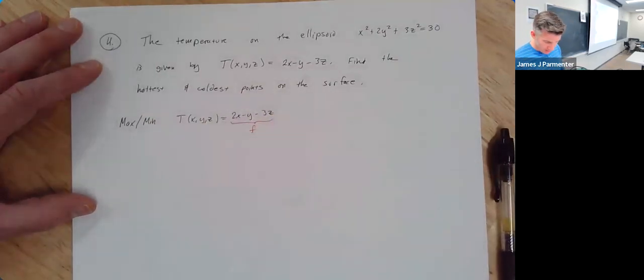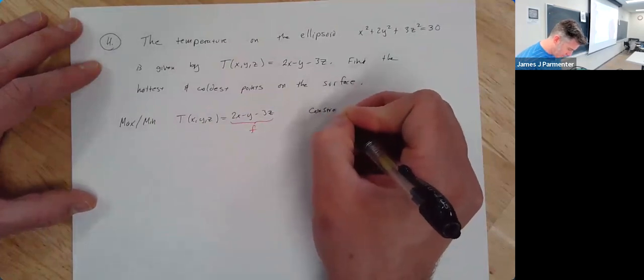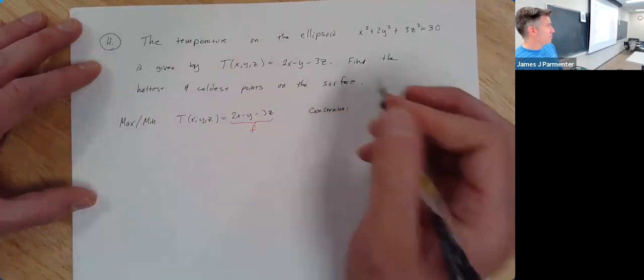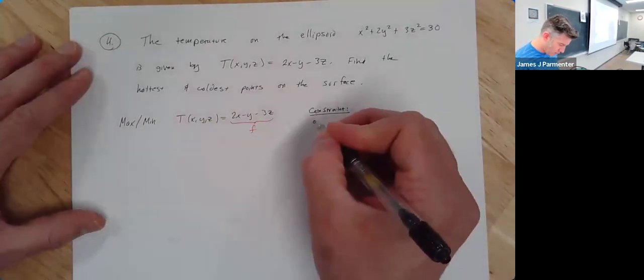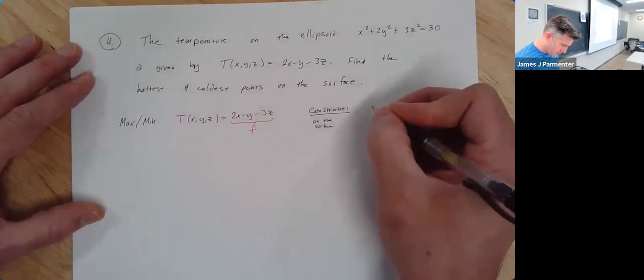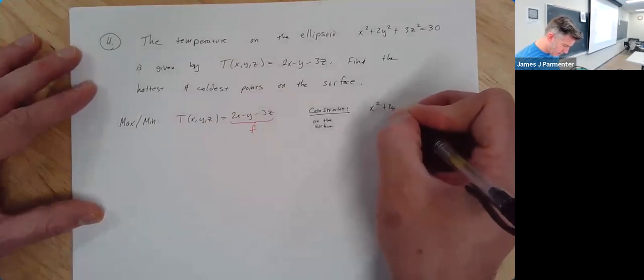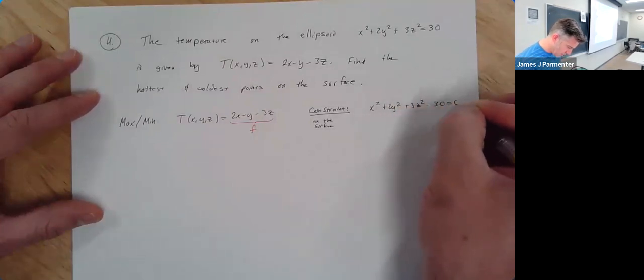And the constraint is that we are on the surface. We're not talking about points that aren't on this ellipsoid. Our constraint is that we're on the surface, so x squared plus 2y squared plus 3z squared minus 30 equals 0.